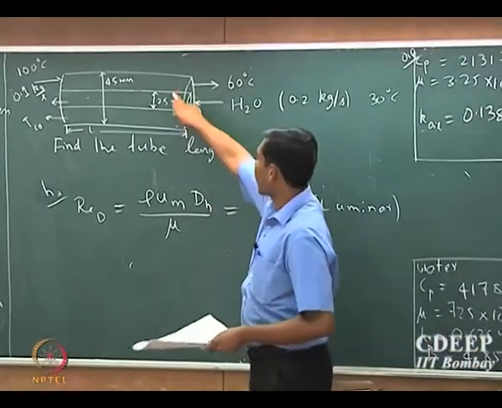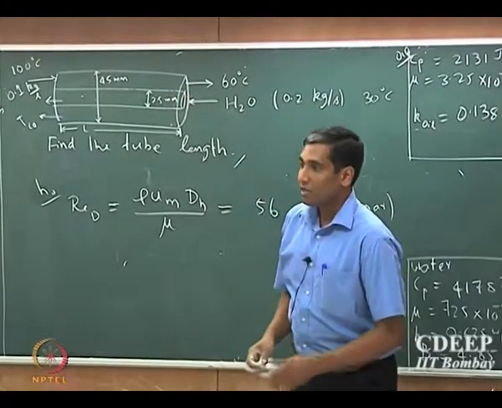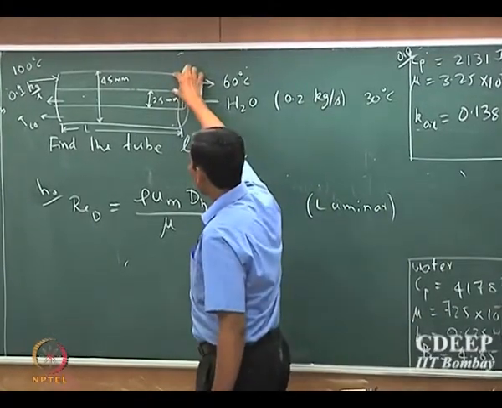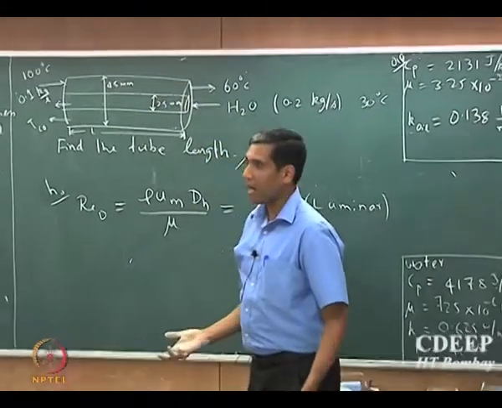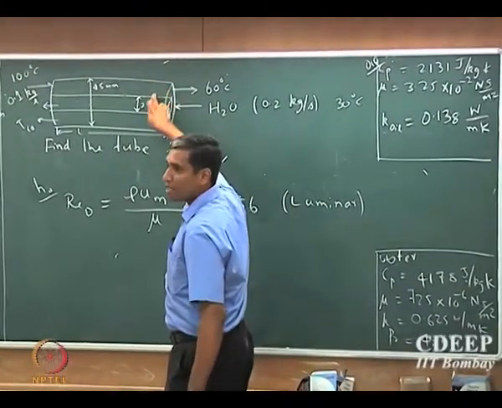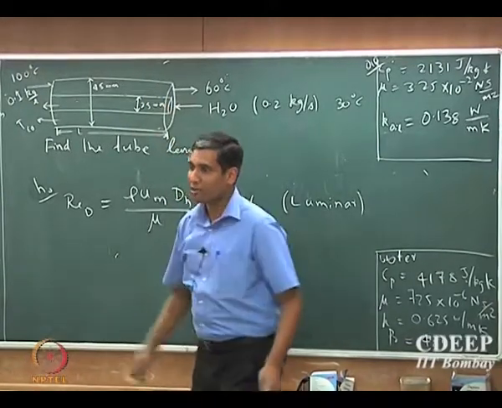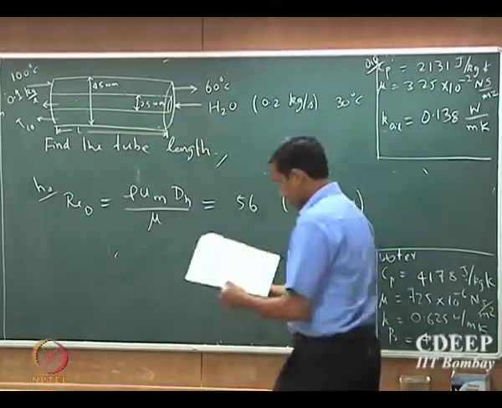dH is the effective diameter between the two. You know the area of flow, correct, so pi times the outer diameter minus the inner diameter. Using that you can find out what dH is.